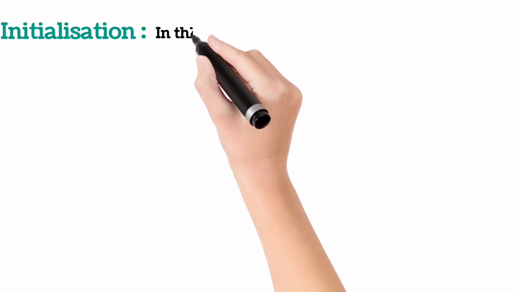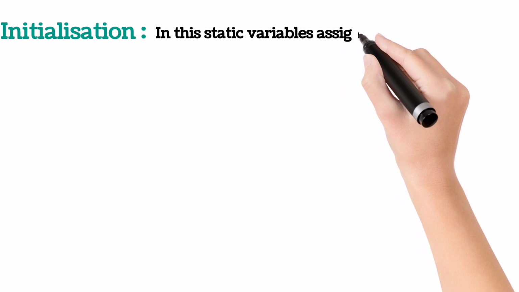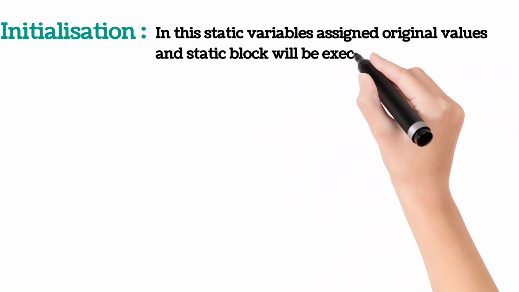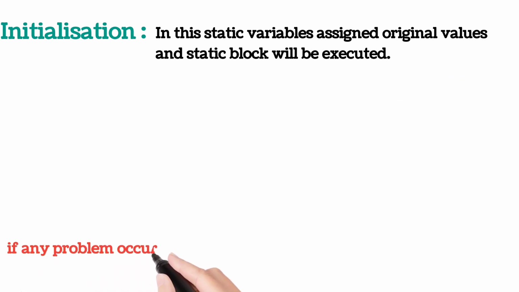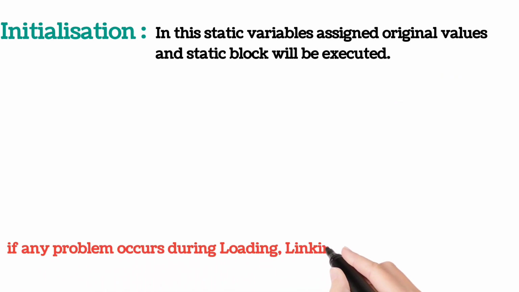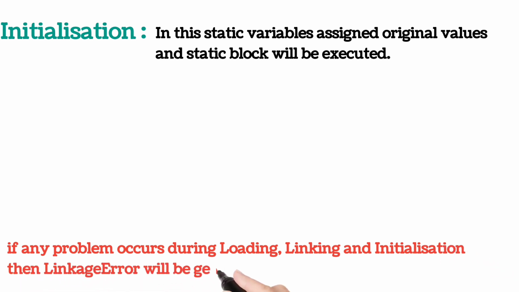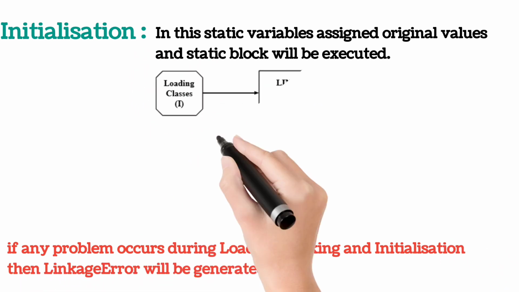Third is initialization. In this, static variables are assigned original values and the static block will be executed. If any problem occurs during loading, linking and initialization, then a linkage error will be generated.